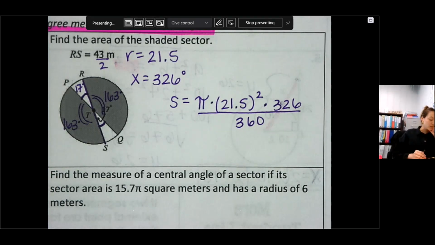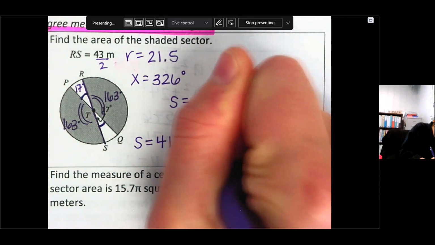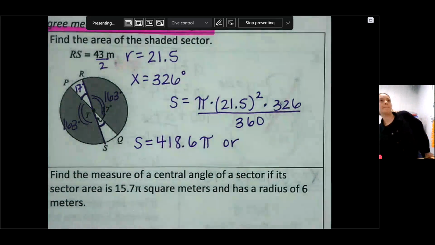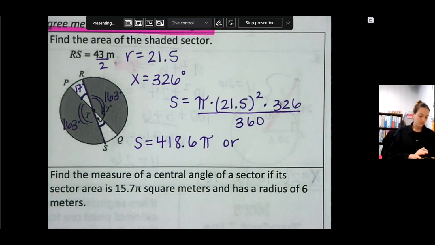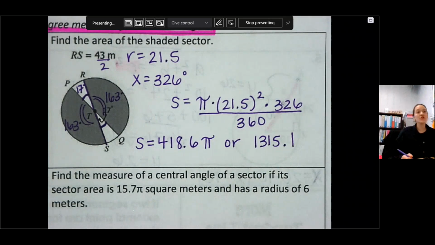And let's also round it to the nearest tenth as well. So those are two numbers you got.